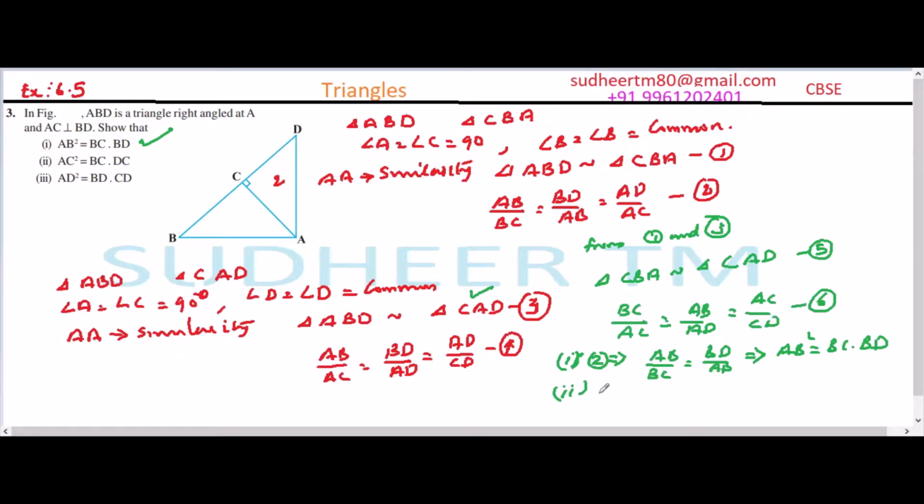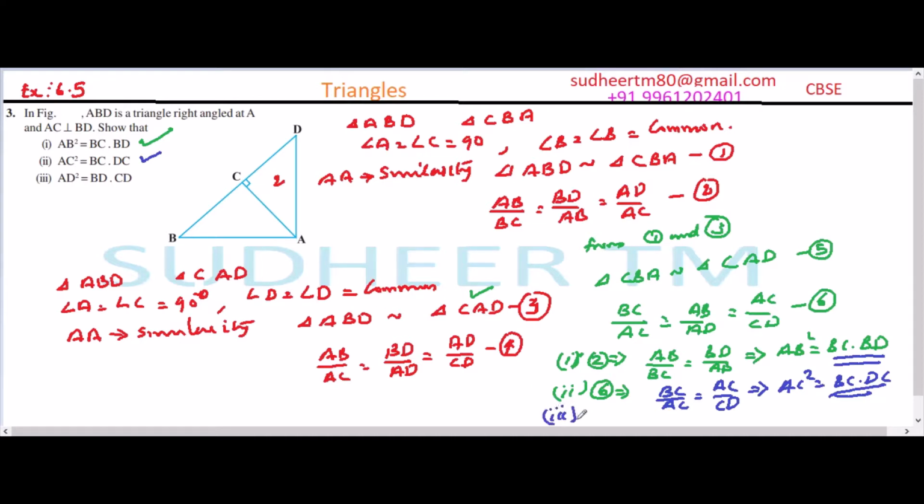BC by AC equal to AC by CD. On cross multiplication, we get AC into AC, AC square, is equal to BC into DC, or CD, whichever, it is correct. So we have the second solution also.